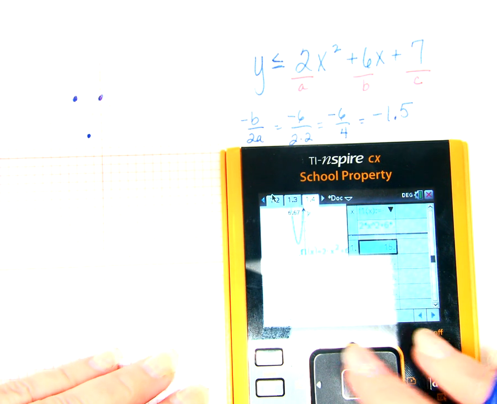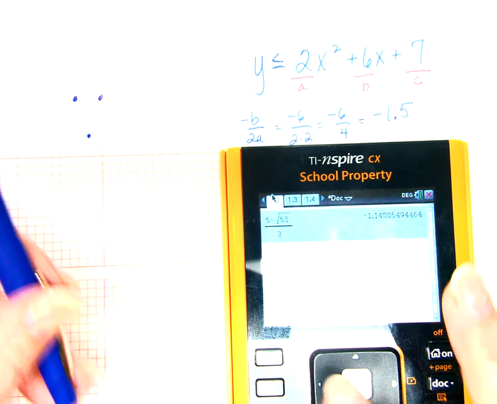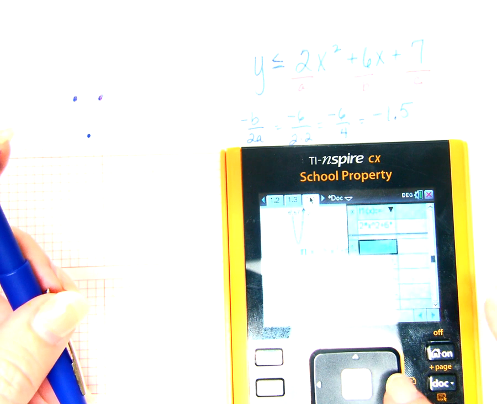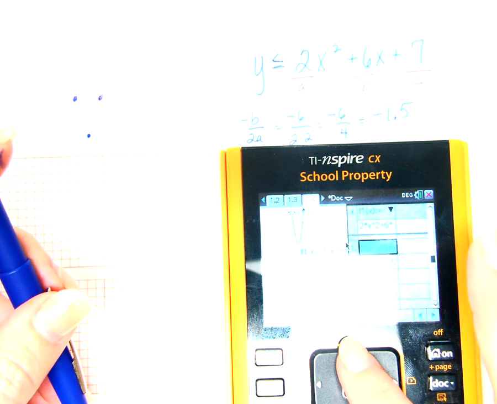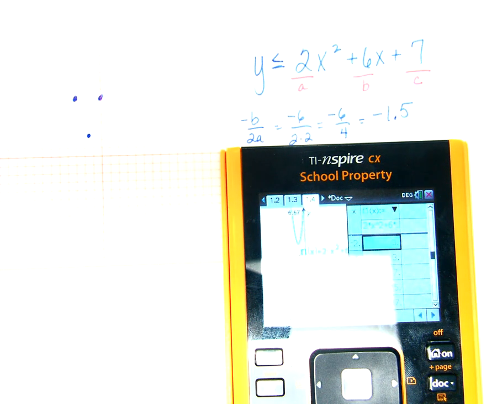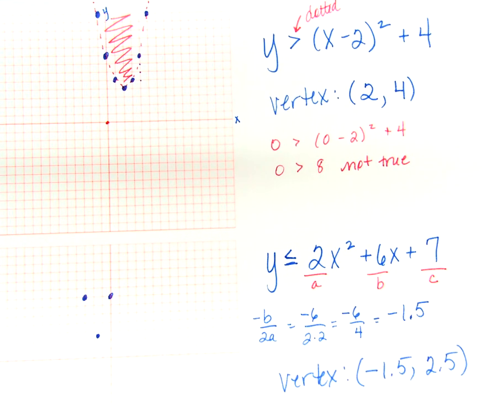I have all these points on my table that I can scroll up and down and find points that actually lie on my graph. Plot those points. How many do I have to have? 3 at least, right? Do I have 3? Yes, so can I go ahead and graph from here?